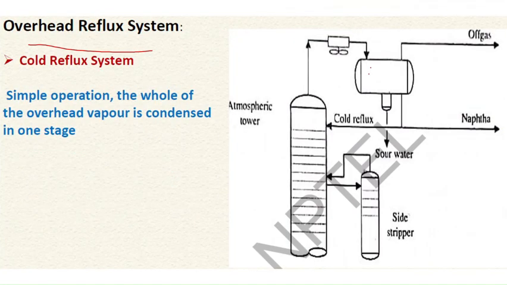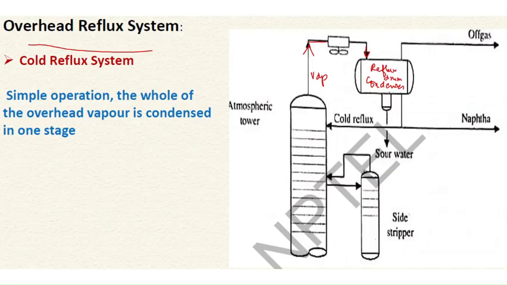Okay. So basically, this overhead, whole of the overhead vapor, here vapor is there. So this is the whole vapor from this tower that is taken. Heat exchanging takes place. The whole vapor from this tower is taken and pumped into this condenser. This is basically a condenser, a reflux drum, or you can also call it a reflux drum.